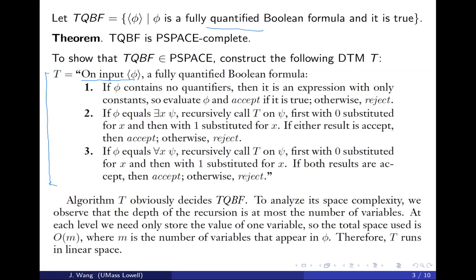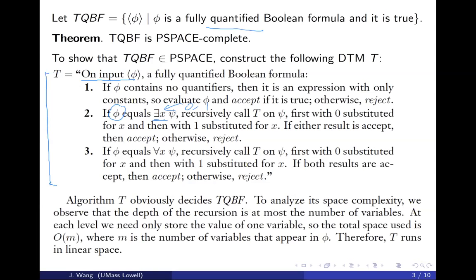Then you look at this phi, which would start with a sequence of quantifiers. If the first one is an existential quantifier, then you can assign 0 and 1, that means false and true, to x.